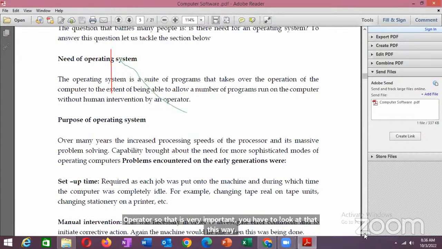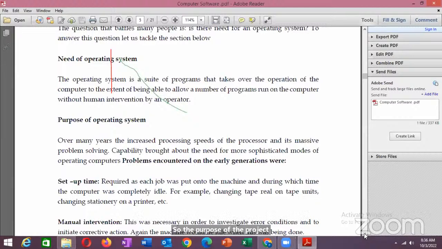The purpose of the operating system: over many years, the increased processing speeds of the processor and its massive problem solving capability brought about the need for more sophisticated modes of operating computers.